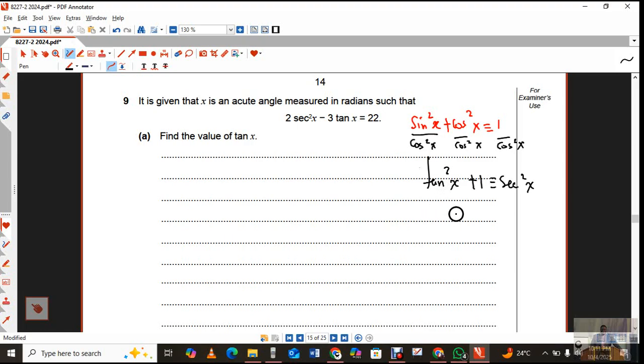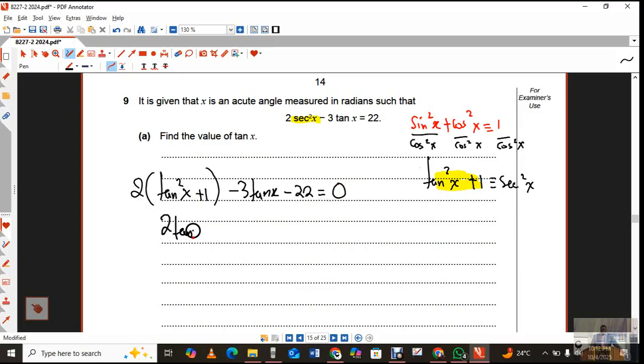Now what I wanted to say here is, where you have sec square x, I'm going to replace that whole sec square x by this value. So at the end of the day, this is 2 in brackets, tan square x plus 1, minus 3 tan x minus 22. It's like a hidden quadratic equation. Let's carry over.